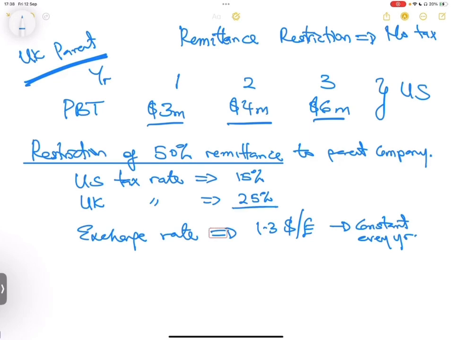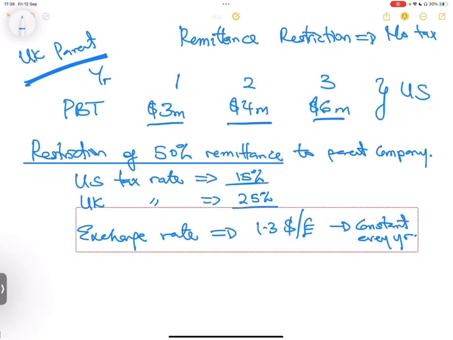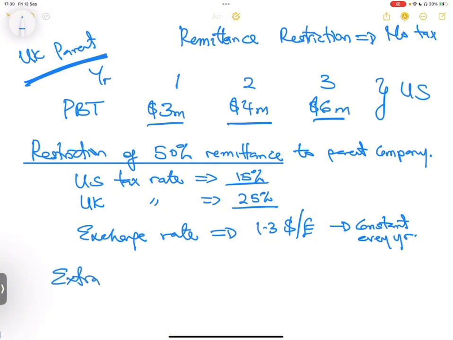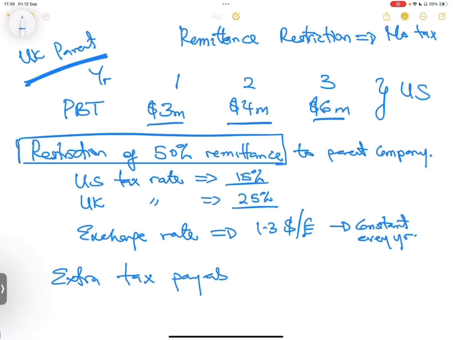Would there be extra tax payable? Yes. Good. So there'll be extra tax payable. Now, I want you to tell me every year, what would the extra tax payable be for the next 3 years, year 1, year 2, year 3? And remember, there's a restriction of 50% on what can be remitted.